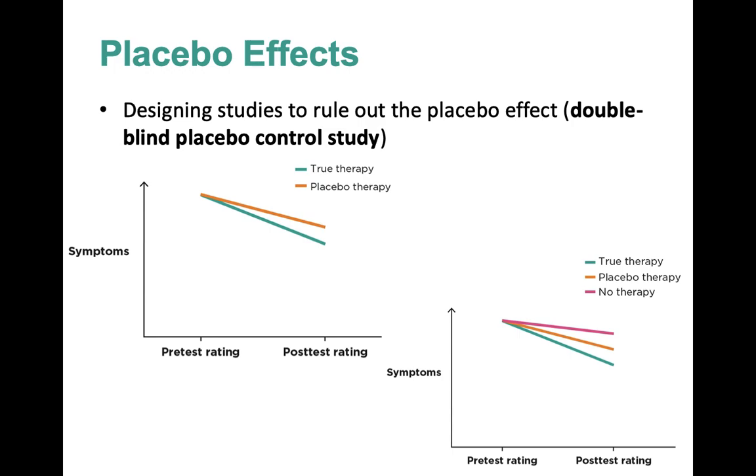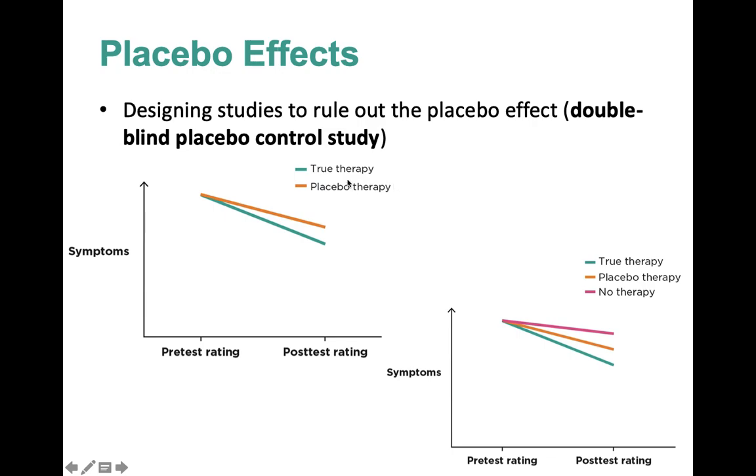So participants that are told that they're getting medicine, pain relieving medicine, or even something like caffeine, but when the active ingredient is actually missing, they still show an improvement. And this is called a placebo effect.